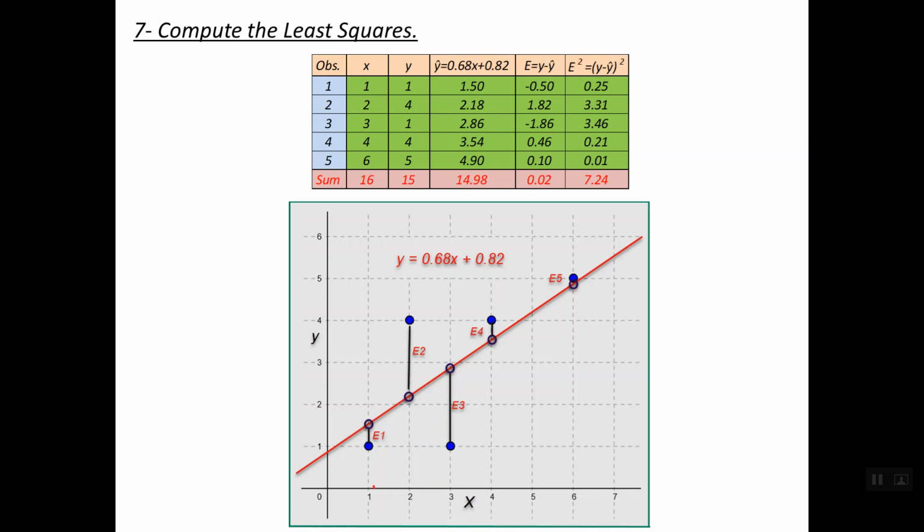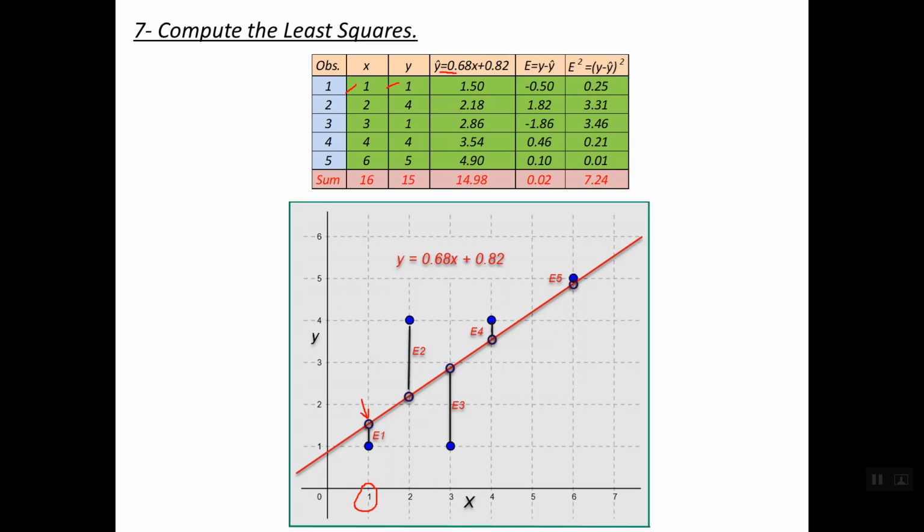For example, in the table above, here we have x equal 1 and y equal 1. Here y represents the actual value, so we need to determine the predicted one.